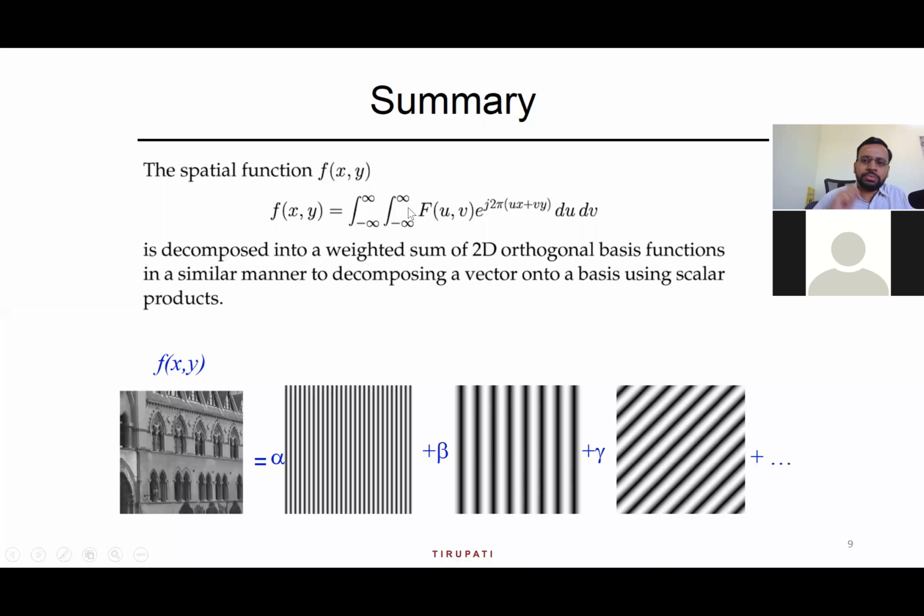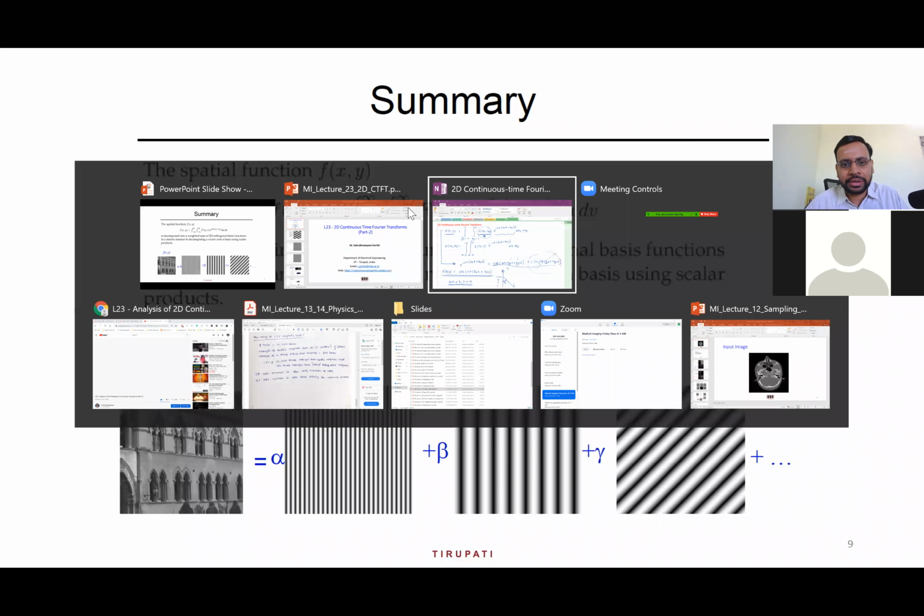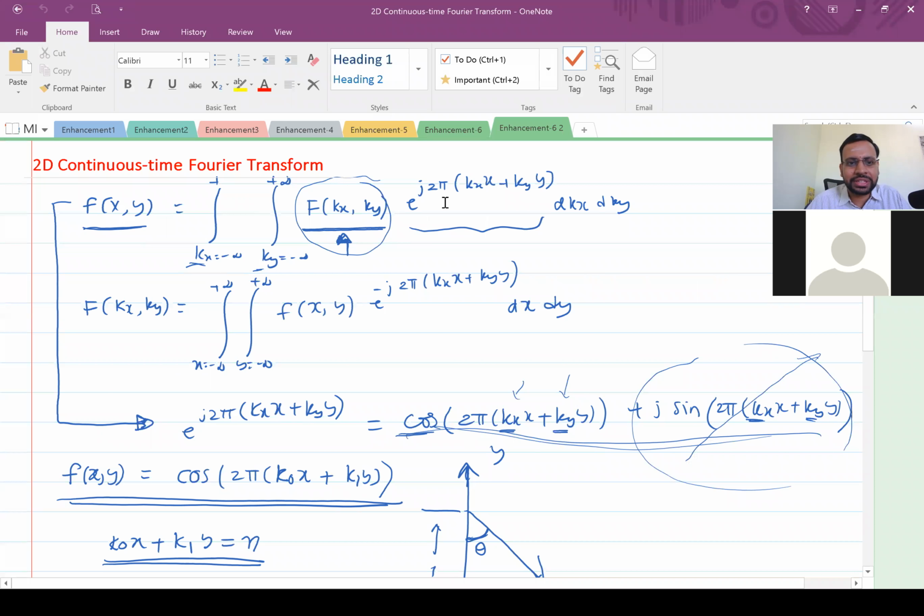Now, what would happen in practice when it comes to images? What happens to your left hand side in this expression? Let's start with this expression. What would happen to the left hand side when it comes to an image?